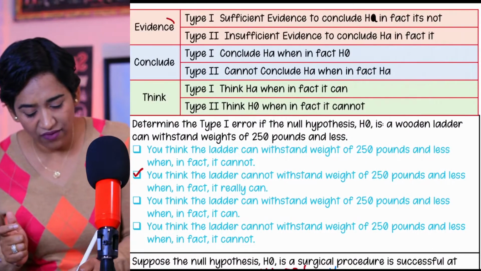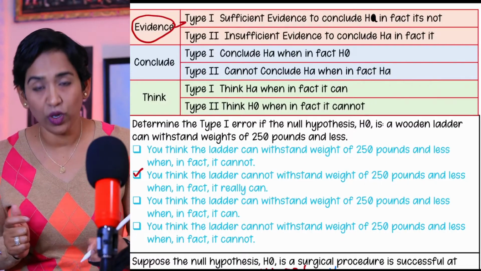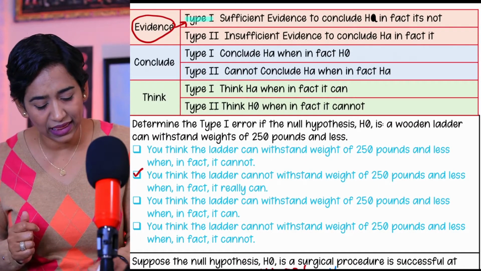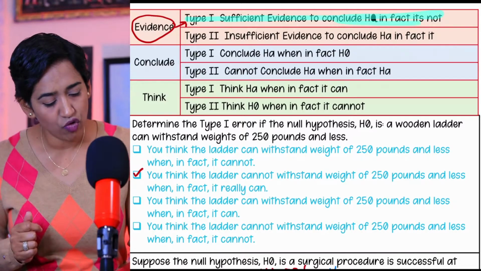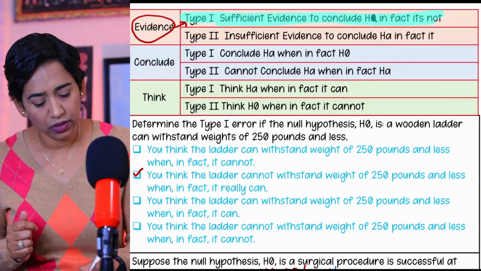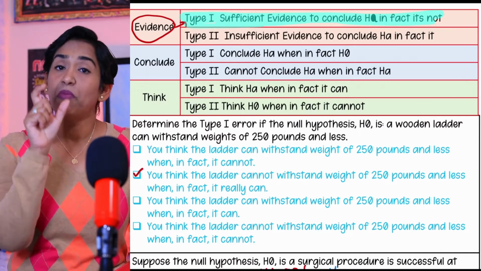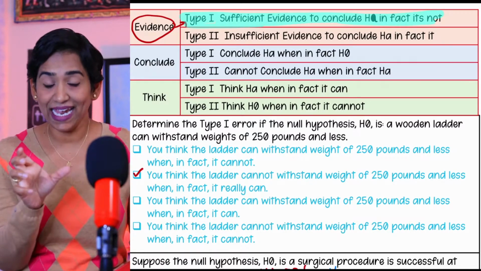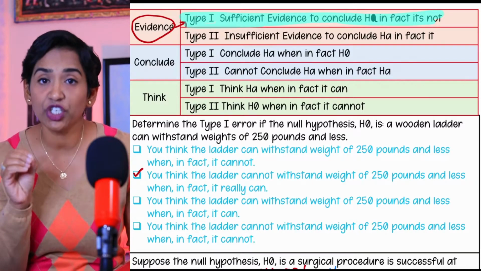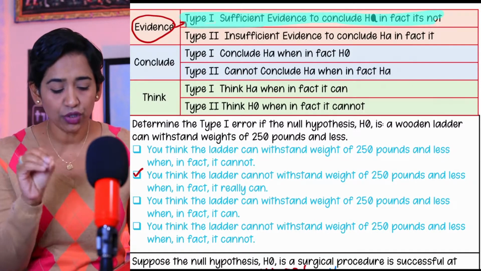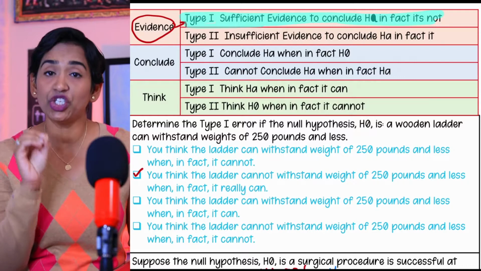So this is evidence here and this is type 1 error. So I'm looking at this particular row. Again, type 1 evidence. So what should I say? My option should contain the verbiage sufficient evidence to conclude HA.